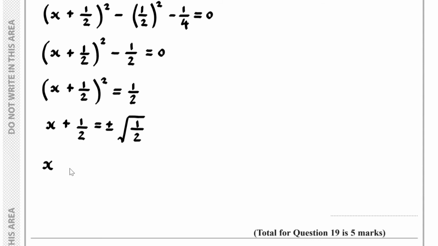So we have x plus 1/2 equals root 2 over 2. And don't forget, we've still got this plus minus, and if I subtract half from both sides, we can conclude x is equal to -1/2 plus minus √2/2, and that is our solution.